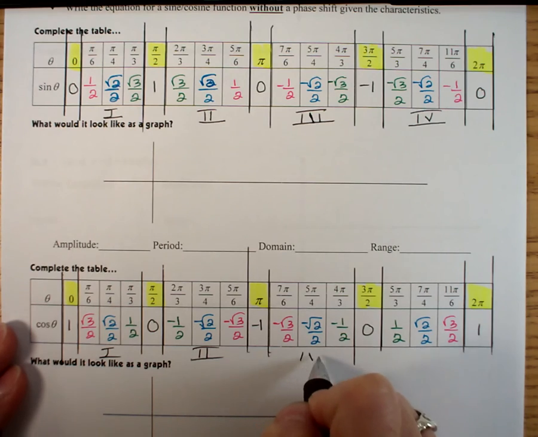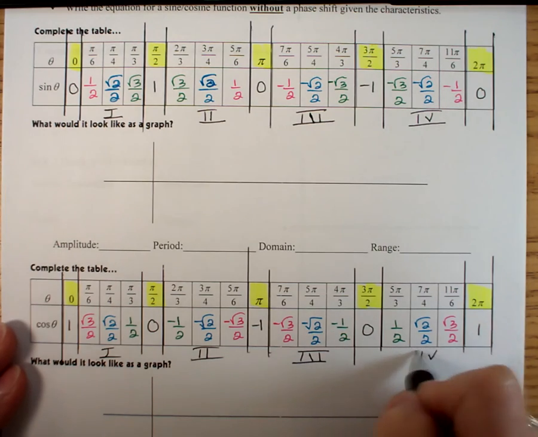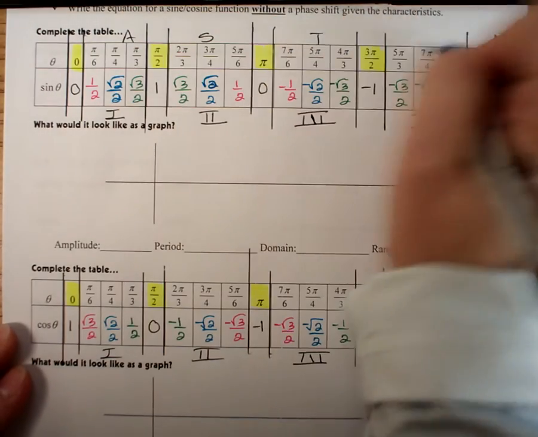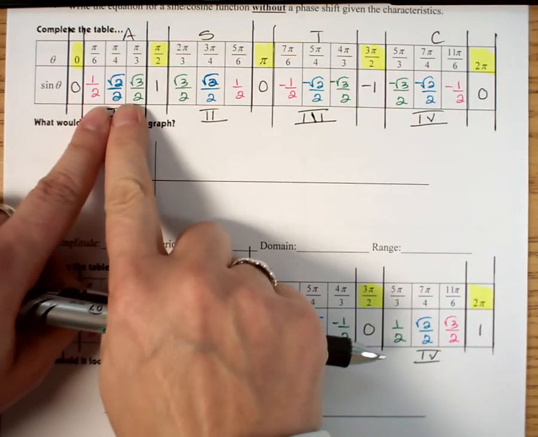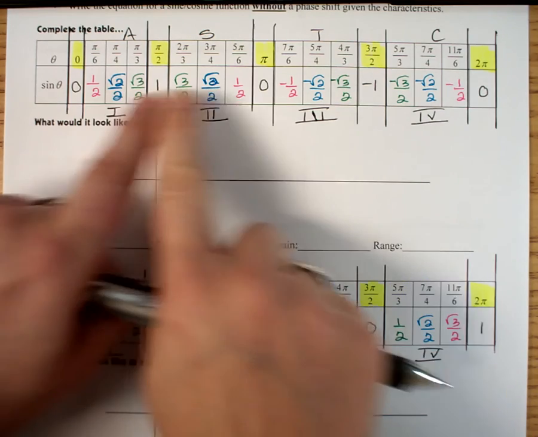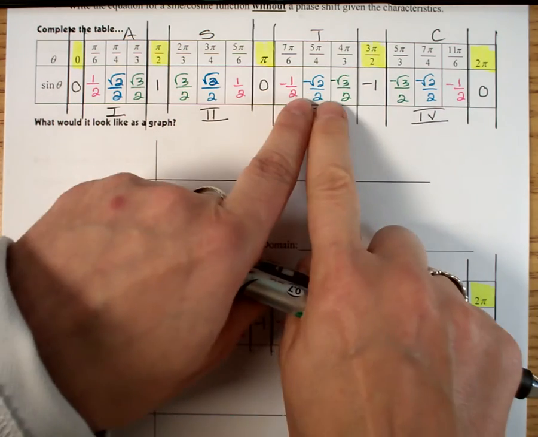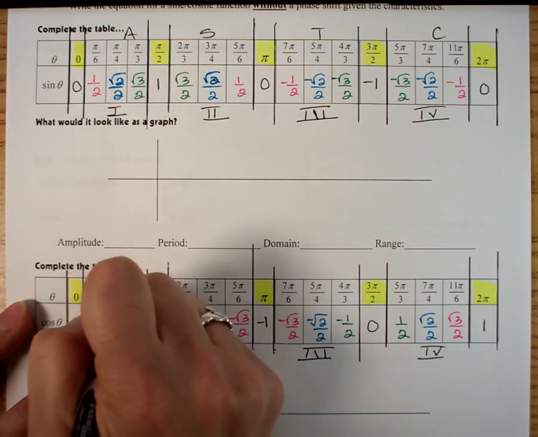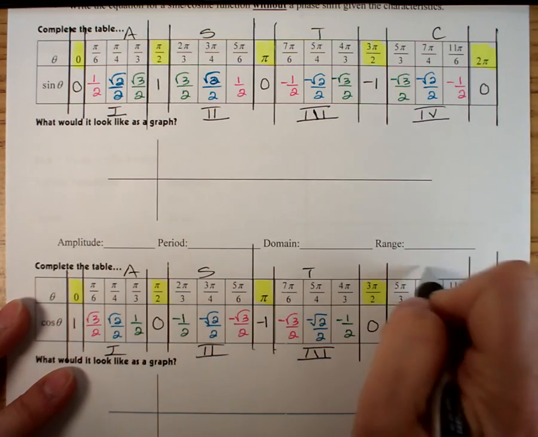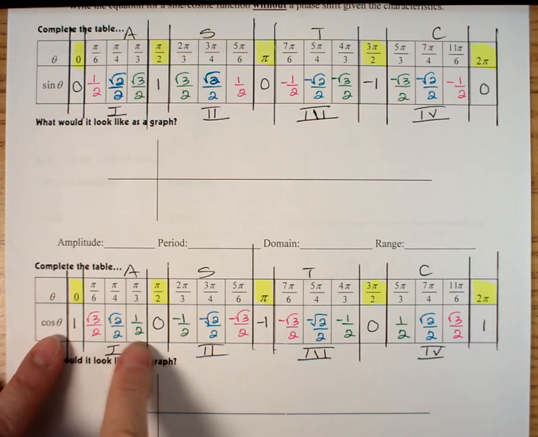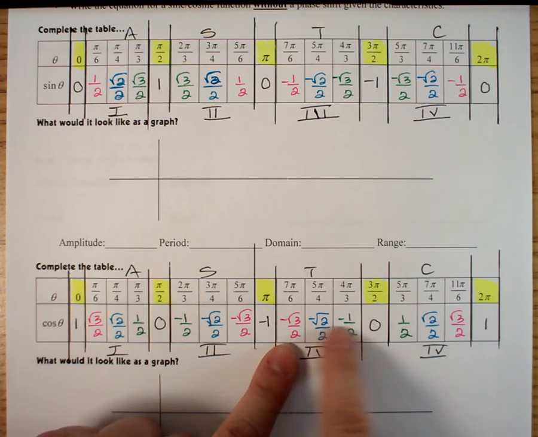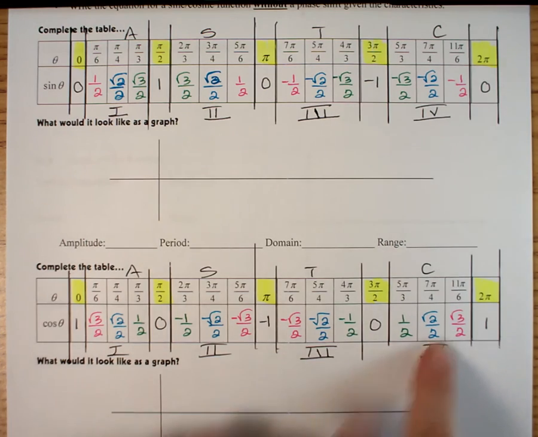We can go back to thinking about our all students take calculus. All my sine were positive here, sine was positive here, all of these were negative, and all of these were negative. Same thing down here. All students take calculus. I can see cosine was positive in the first quadrant, it was negative in the second, negative in the third, positive in my fourth. Okay, so those are going to be useful for us.